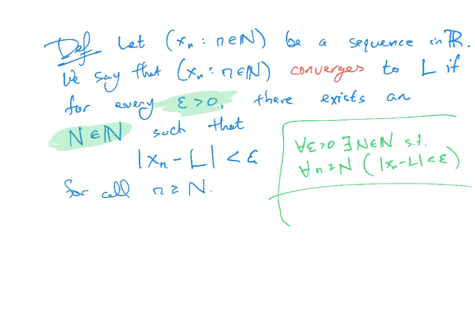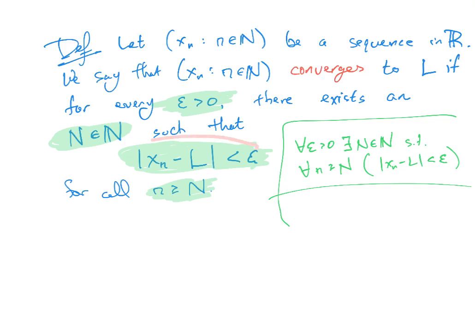And then this is the statement that it really is that close: x_n minus the limit is less than epsilon for all those indices.